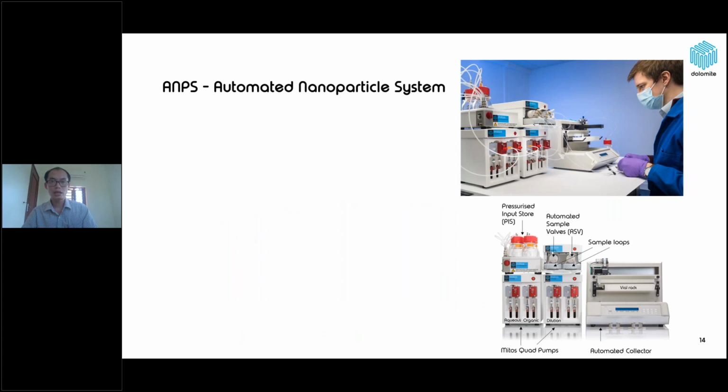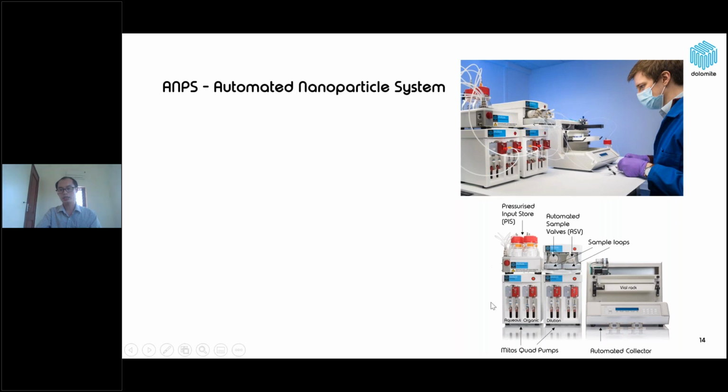The other system that I would like to introduce for generating liposome and lipid nanoparticles is the automated nanoparticle system for protocol development.